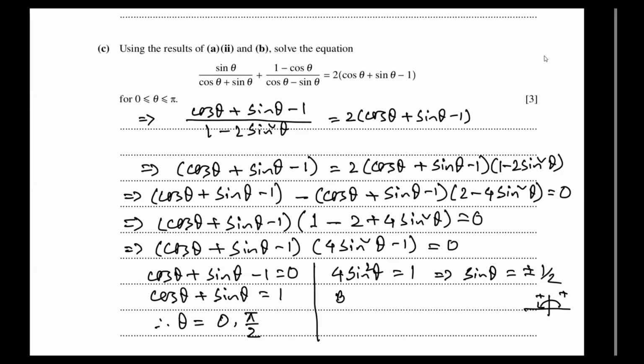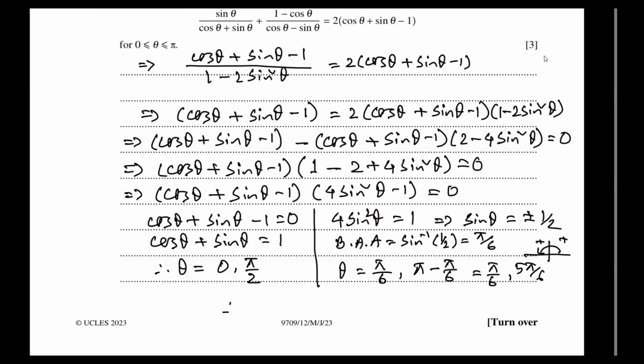Here, the basic acute angle for sin theta equal to half will be sin inverse half, that's 30 degrees, in radians that's pi by 6. So theta can be in the first quadrant, where we have theta equal to alpha, the acute angle pi by 6. In the second quadrant we have pi minus alpha, which is pi minus pi by 6. So we have two possible values of theta here, pi by 6 and 5 pi by 6.